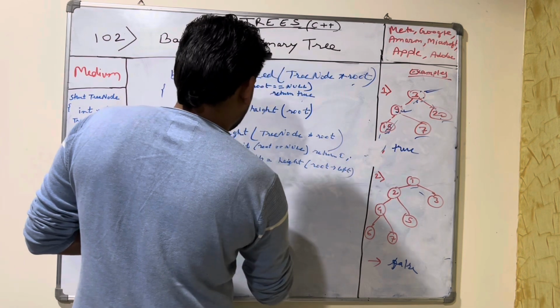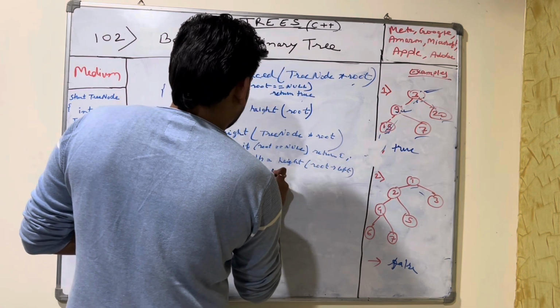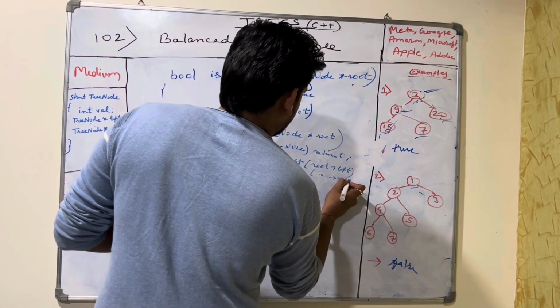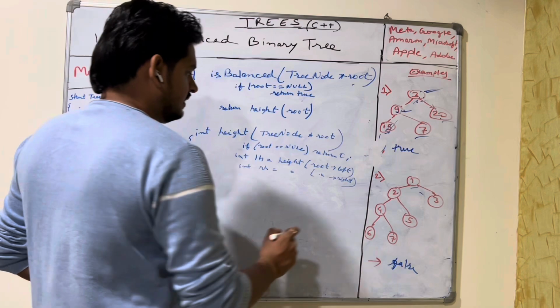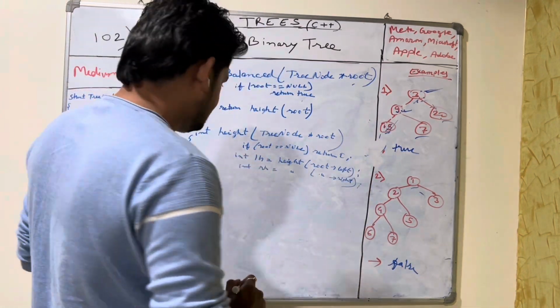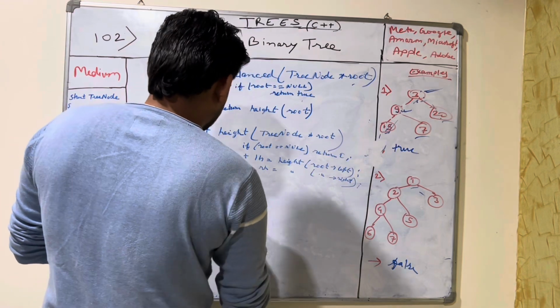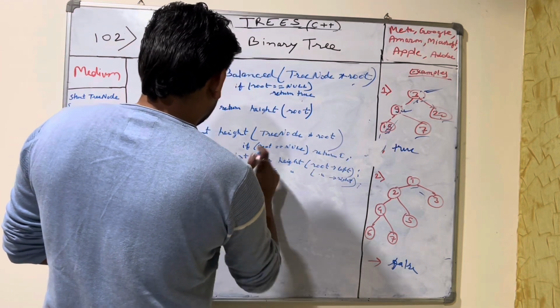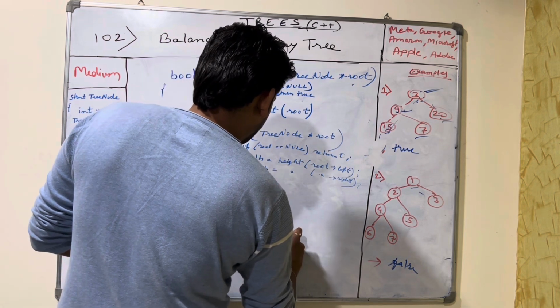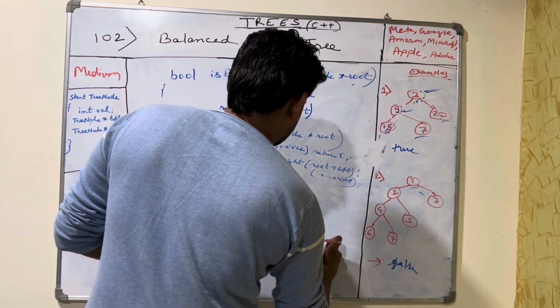We find the right height, height of root right. Done. Now we have the heights, and we can return 1 plus max of LH and RH.